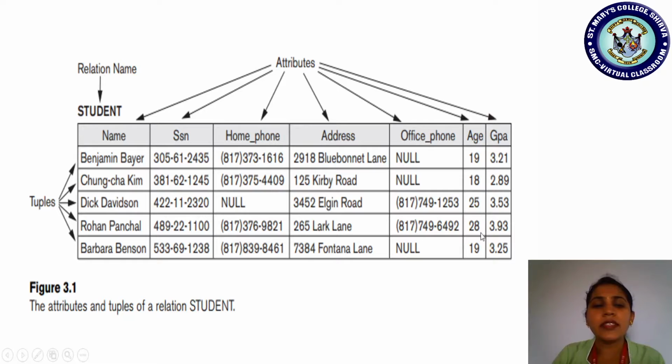Only Dick Davidson and Rohan records have to be selected, right? Yes. So Dick and Rohan records will be selected, and these records or tuples are a subset of which tuples?